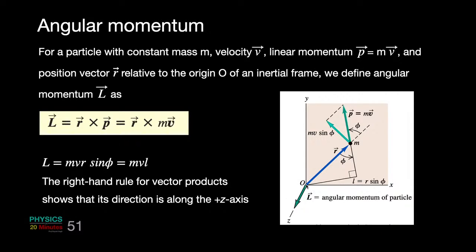Origin is this point. Now position of the particle is given from the origin in the form of vector r. This is the line of vector r. So angle between r and p is phi, let us call it. So the angular momentum L is mvr sine phi, which is an expansion of this term. m is a constant. r cross v can be written as v into r into sine phi.